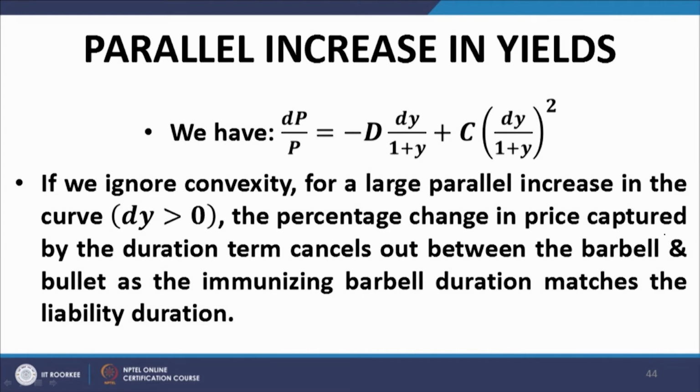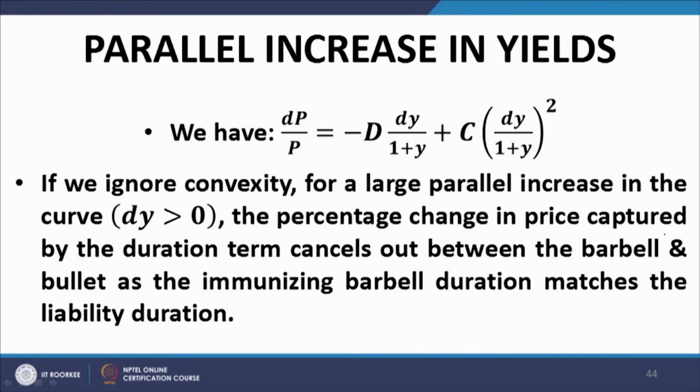So, if you have a liability and you have a barbell to immunize that liability, you will match the durations of the two, and by matching the duration, the net duration becomes 0, or you may also say that the price change corresponding to the duration term will be neutralized, equalized between the liability and the barbell assets.